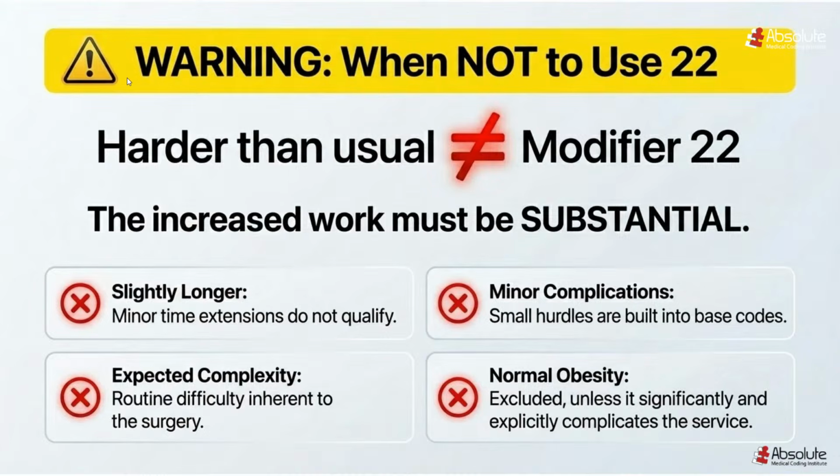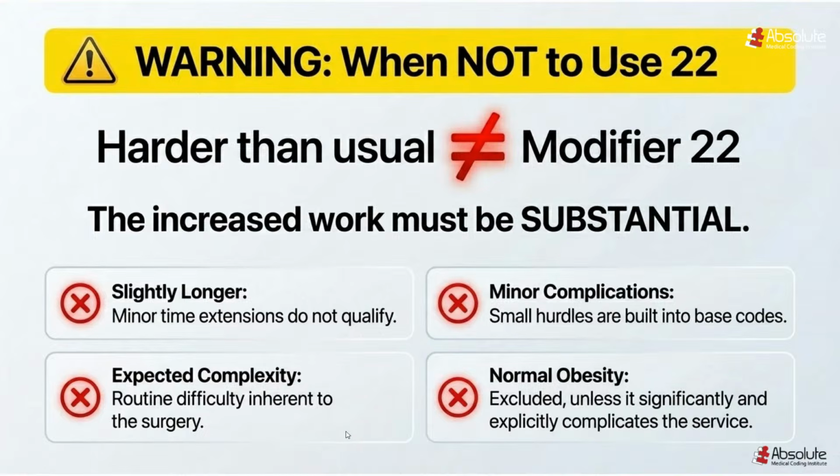All right, so these are some of the things that might catch you. So you might see language like, this took slightly longer. Slightly longer? No, we said extensive, right? We had some minor complications. Nope, that's not going to cut it. An unexpected complexity.